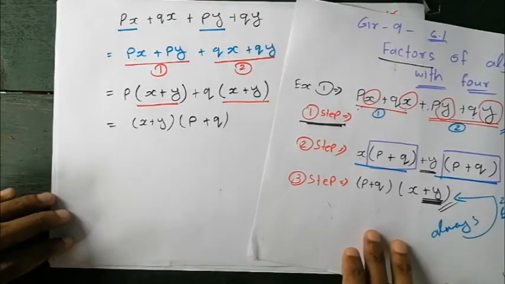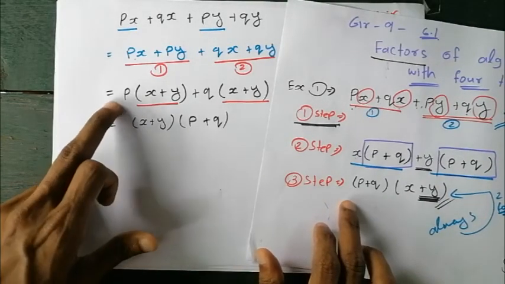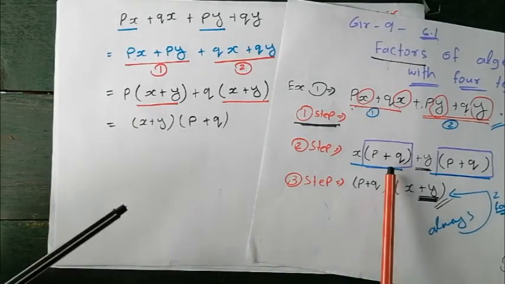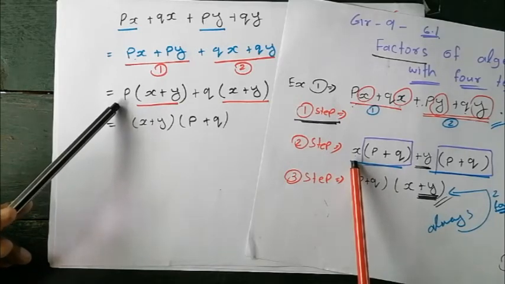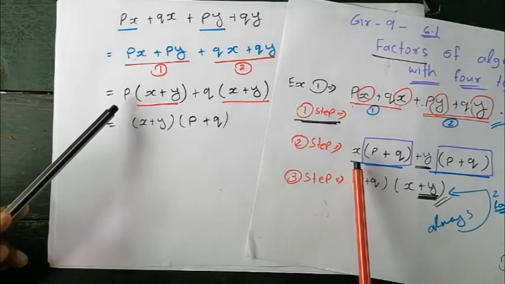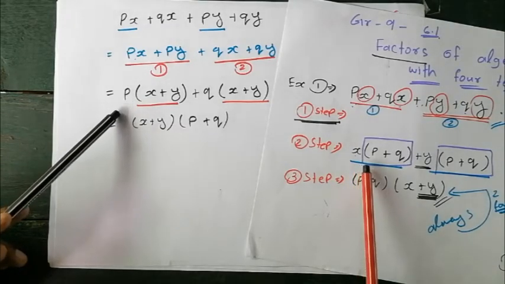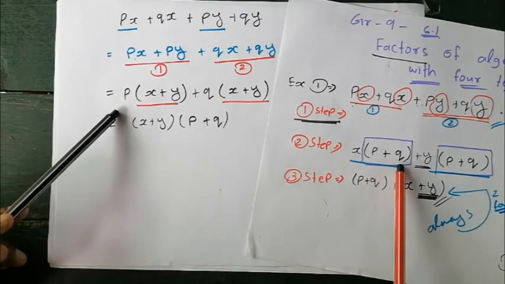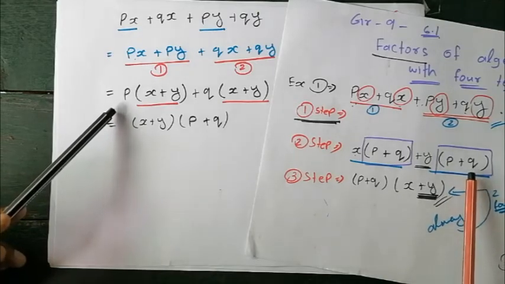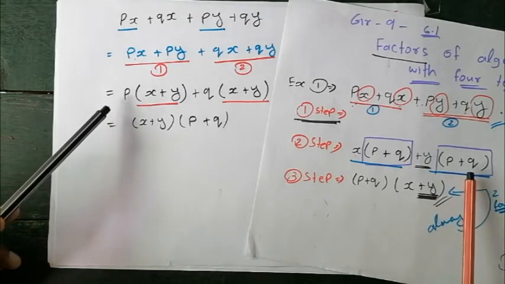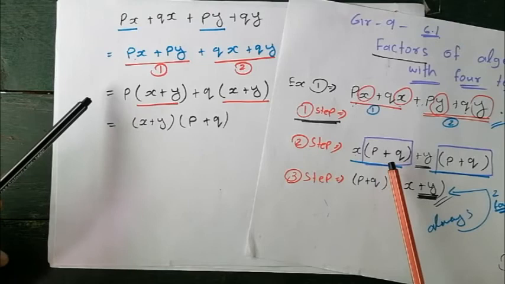And the next point is, in both of these methods, if you check the second step, when you take out a common term, after factorizing, you will have a common expression. Here we have p plus q, here also we have p plus q. Always it should be common. If it is not common, you are doing it wrong. You did a wrong factorization. Remember that.